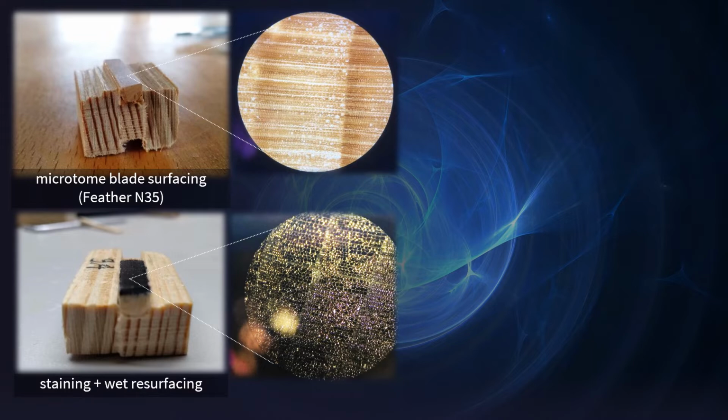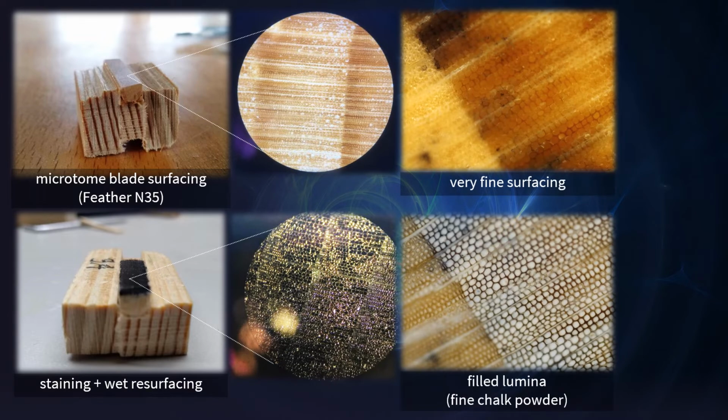I'll talk about that in a little bit. So I won't go into the details, but essentially this allowed us to prepare a very flat surface by then filling in the lumina using chalk powder. We're essentially able to get a very homogeneous surface when it comes to the lumina.